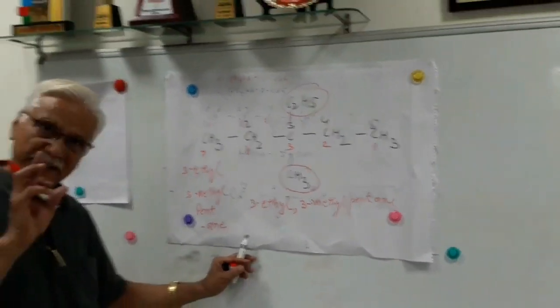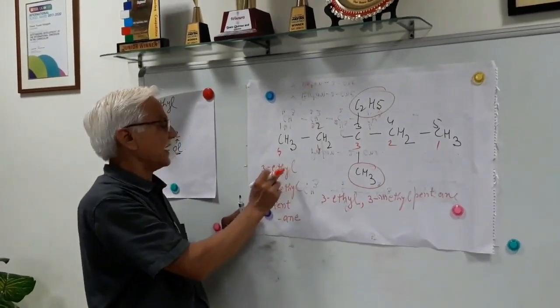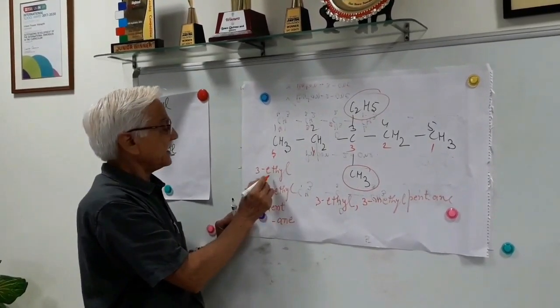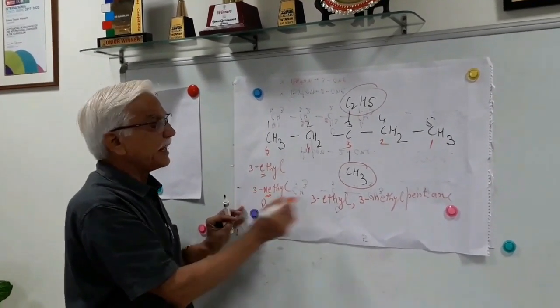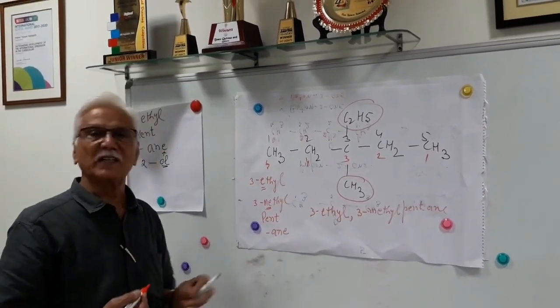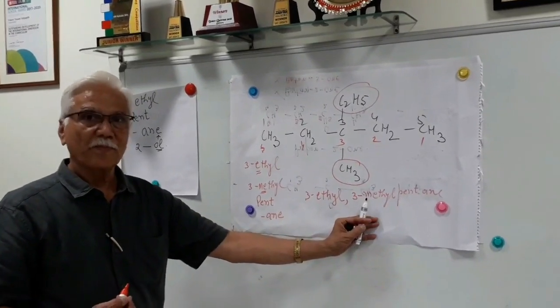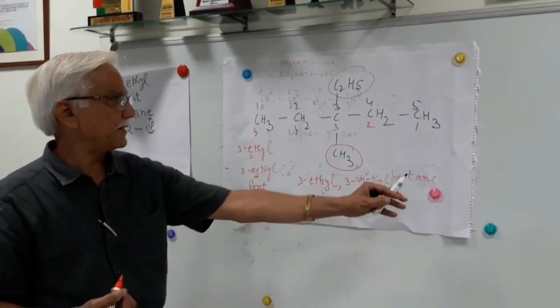This is the sub rule that if two dissimilar groups are present, one is ethyl, one is methyl, then they have to be named alphabetically. You have to name them alphabetically. So E will precede M, and then the position, pentane.